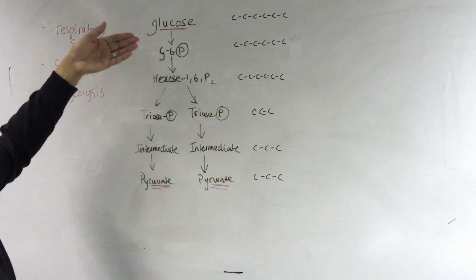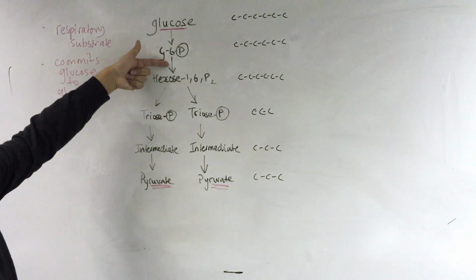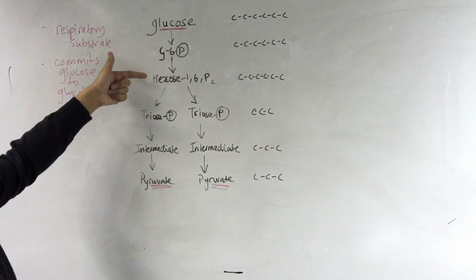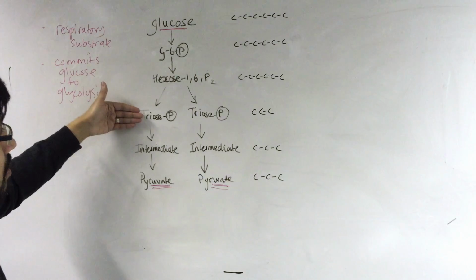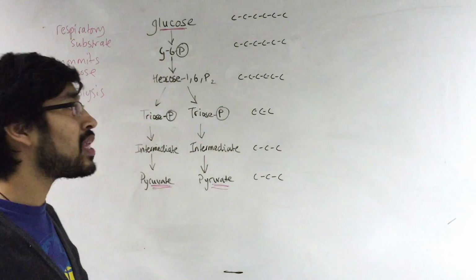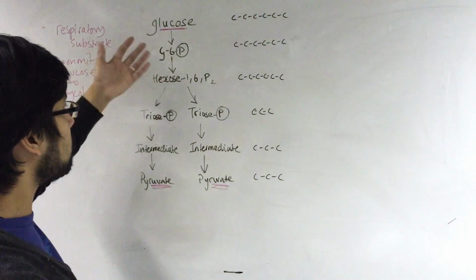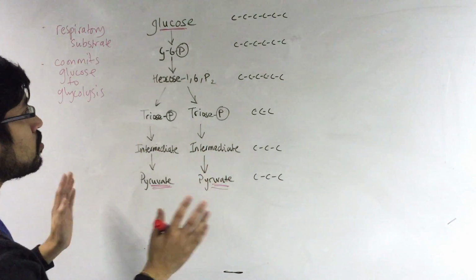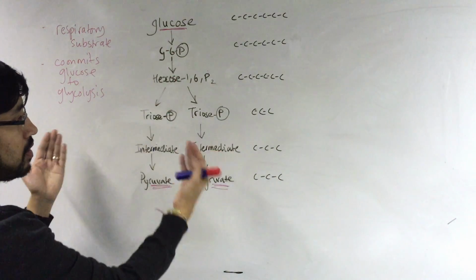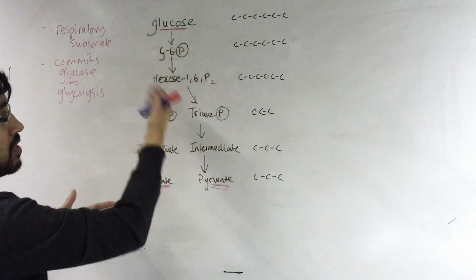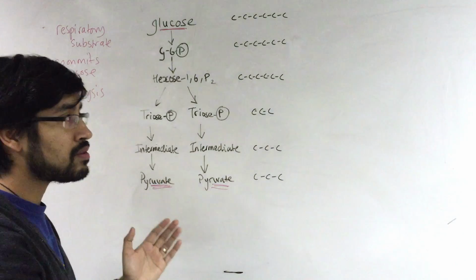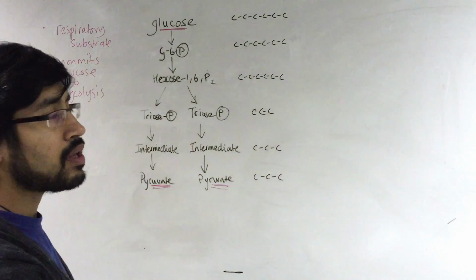That product happens to be the substrate of the next enzyme, and that enzyme produces this product, and that product happens to be the substrate of the enzyme that produces that. So all these chemical changes are carried out by enzymes, and we cannot forget that, even though we're not going to focus on the enzymes too much. I think it's more important to look at the modification, the metabolism of these molecules, and why that happens, and how that fits into the whole process that ultimately leads to ATP generation.